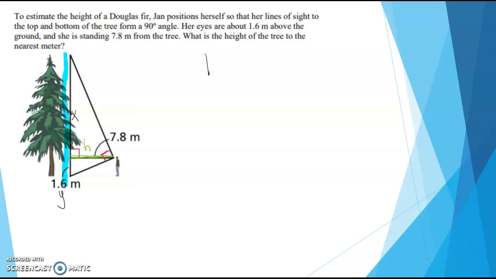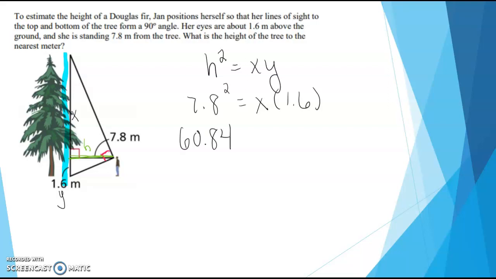So if I go back to my equation, h squared equals xy. I know h is 7.8. I don't know x, but I know y is 1.6. So I need to take 7.8 squared to get 60.84, which equals 1.6x.